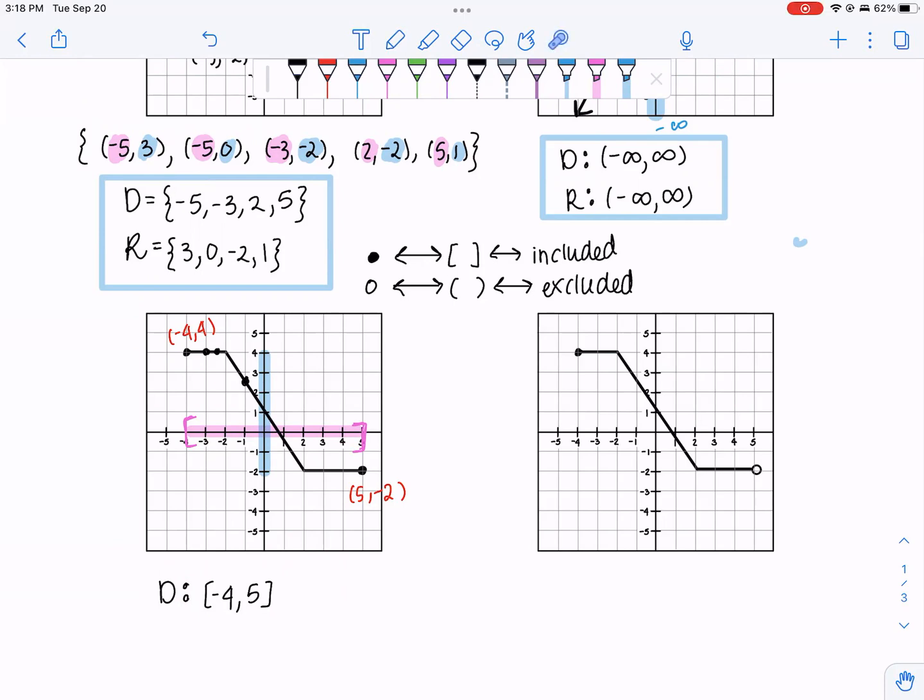So do we actually reach the y value 4? Is there a coordinate point with the y value 4? Yes, there's actually several. So we are including 4. And is there a coordinate point with the y value -2? Yes, there is. So we are including -2. Our range is going to go from -2 to 4.